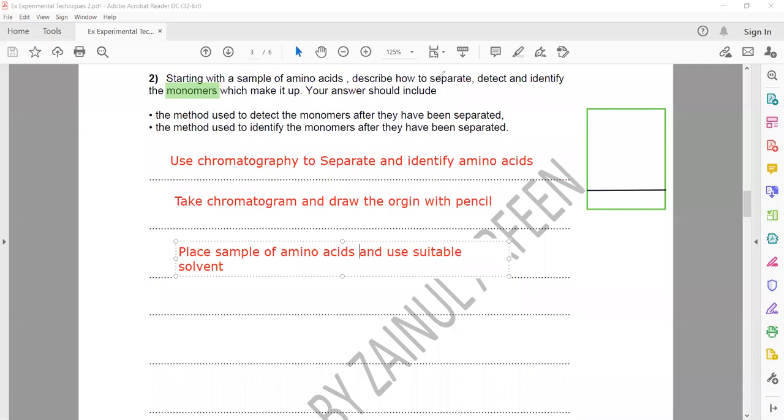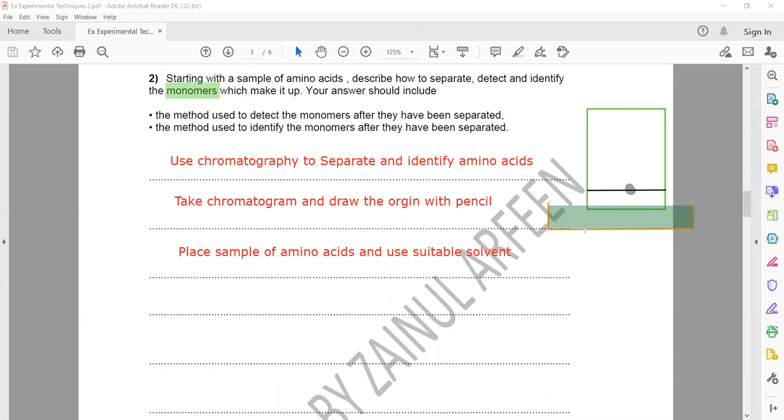This is the position where we place the sample. But amino acids are colorless liquids, so it will not be visible to us. I'm just making a spot visible, but it will not be visible. So we place a sample here, then we use a suitable solvent. Any solvent in which amino acids are soluble is suitable, so we use that solvent.